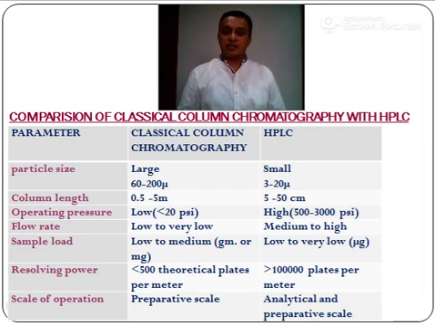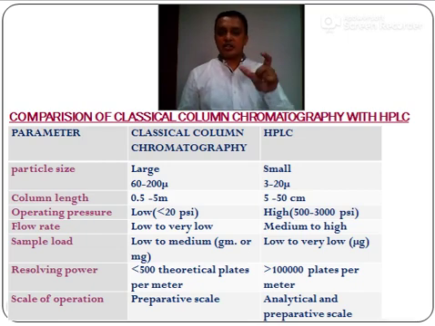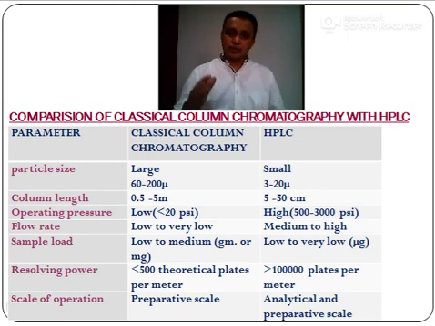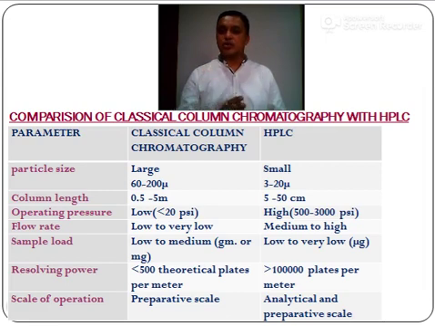The column length used is 0.5 to 5 meter in classical column chromatography, but in HPLC it is 5 to 50 centimeter. Very small columns are used. So what happens? Your compounds move out very fast after separation, so a lesser amount of solvent is used and it is less time consuming also.